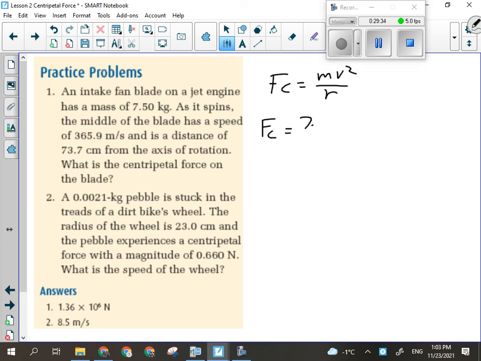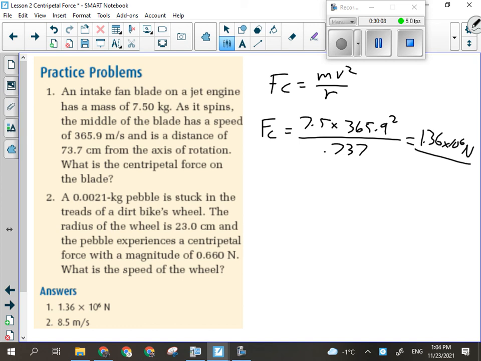We've got 7.5 times 365.9 squared divided by 0.737 as our radius, and that should give us 1.36 times 10 to the 6 newtons. That's a lot of force. But those fan blades are spinning really fast, so they have to be built out of very, very strong material in order to keep them from flying off.